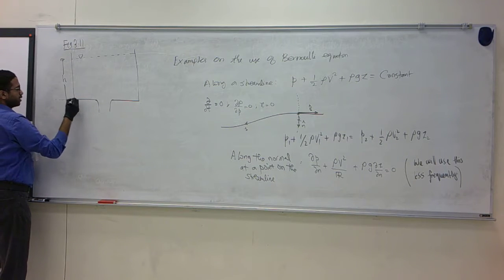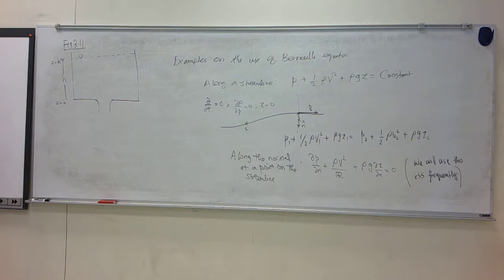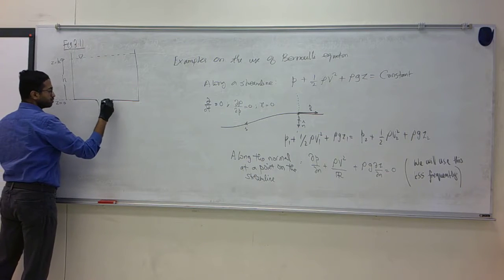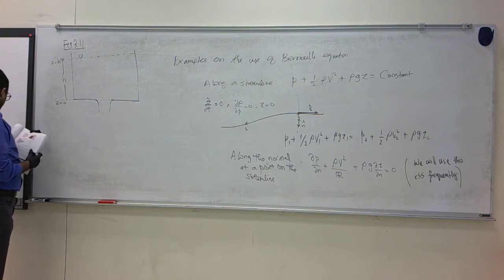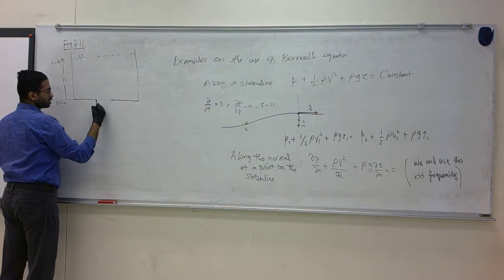We'll call this plane z equals 0, and this would be z equals h. We want to calculate what is the velocity with which fluid leaves the tank from the bottom.